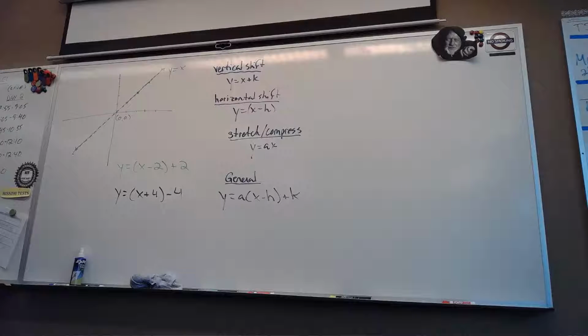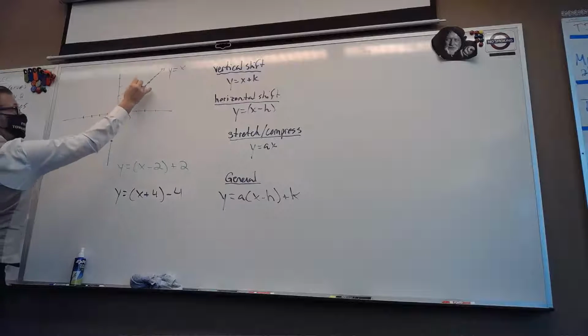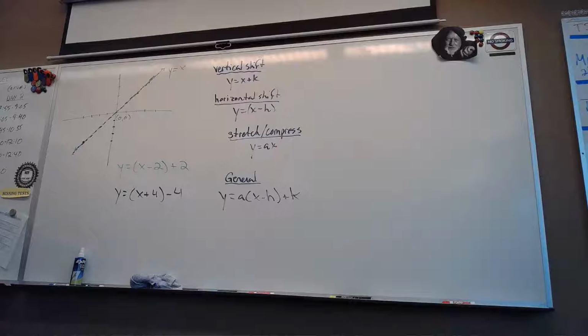Where's the locator point? Can we agree that these are in fact all the same line? And that h comma k is any point on the line?